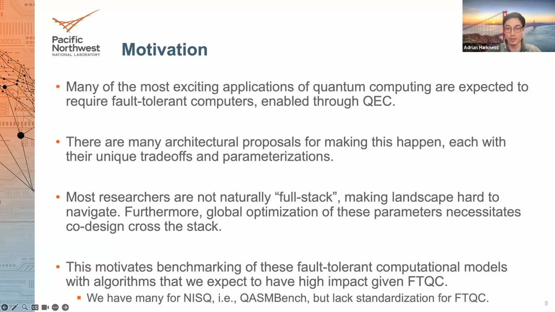For example, QASMBench, which I personally was not involved with, but came from our group at PNNL. But we lacked the same kind of standardization for fault-tolerant quantum computing. And especially in the early fault-tolerant era, we're still very much working with limited computational resources. So it's in a way more important than ever to optimize them through co-designing across the computational stack.